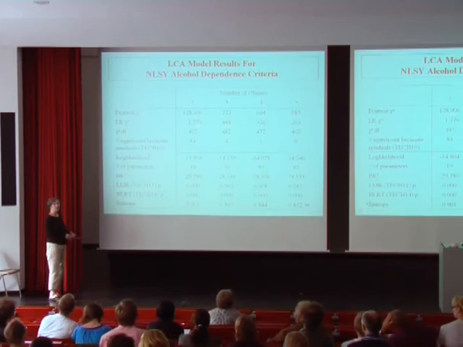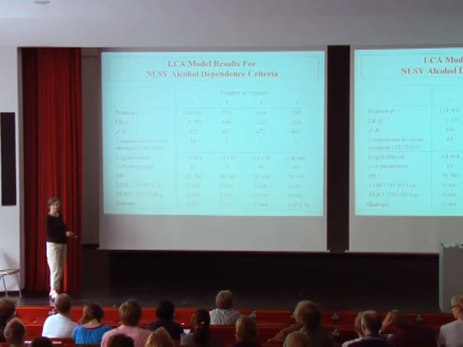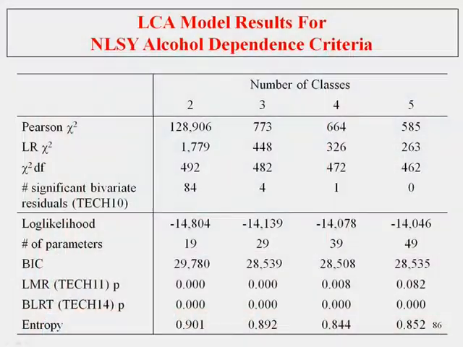And based on that, we decided on the 3 classes. But now what we've done is we have number of classes, 2, 3, 4, and 5 for the columns. And for the rows, we have the Pearson chi-square, likelihood ratio, the degrees of freedom, the percent significant of residuals from our Tech 10 output, the log likelihood, number of parameters, BIC, Lo-Mendell-Rubin test, Tech 11, bootstrap likelihood ratio test, Tech 14, and entropy.